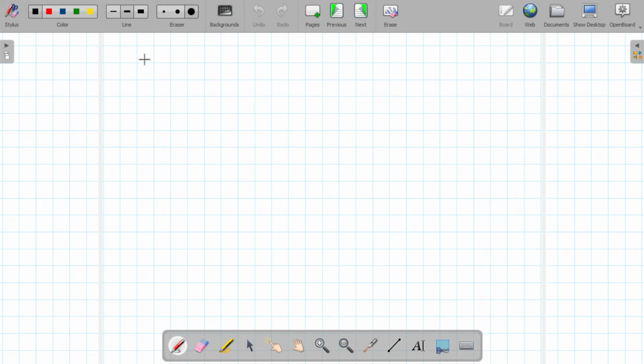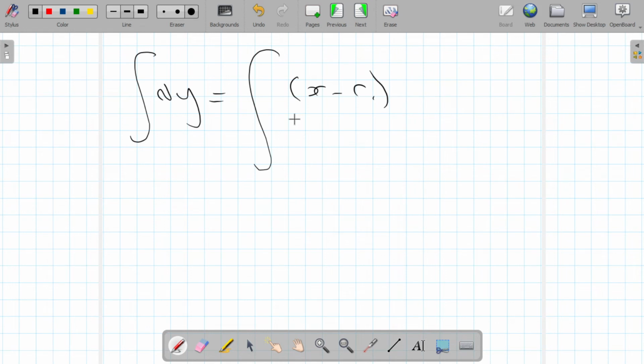So we've got the integral of dy is equal to the integral of, well, we've got an x minus c1 on top, but in the denominator, so the lower part of the fraction, we've got the square root of q.